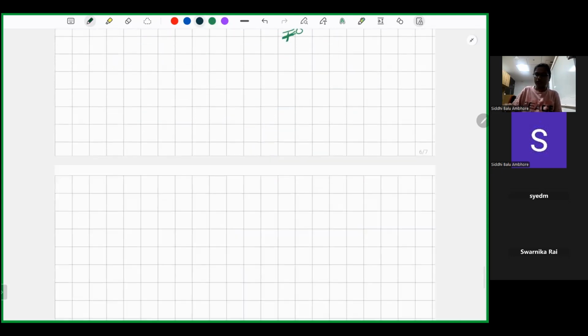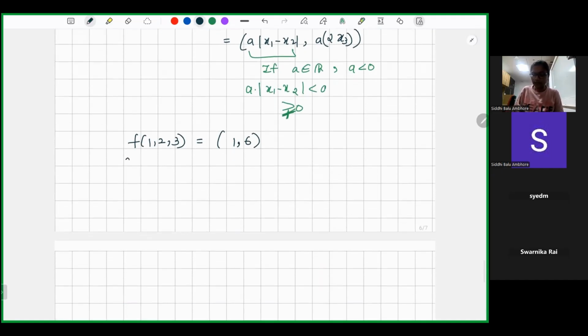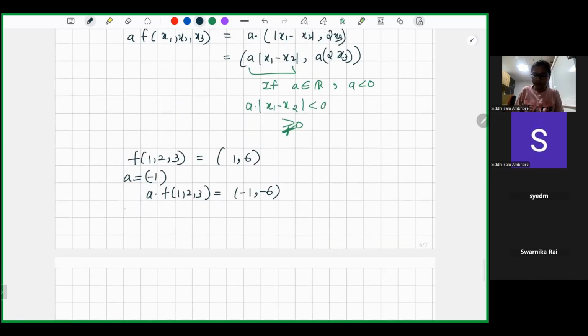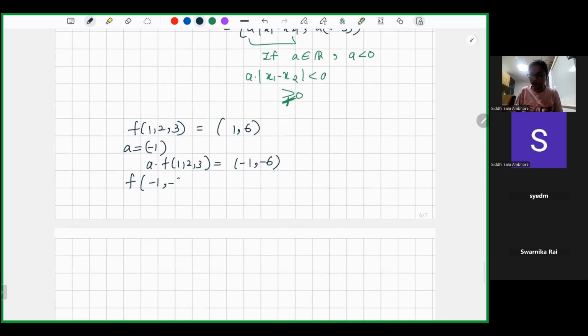So to check that, for example, this f of 1, 2, 3, which we calculated, was 1, comma 6, if you remember. And if I take my a to be minus 1, then a into f of 1, 2, 3 will be just minus 1, comma minus 6, right? But f of minus 1, minus 2, minus 3 will be mod of minus 1, minus 2, that is okay.